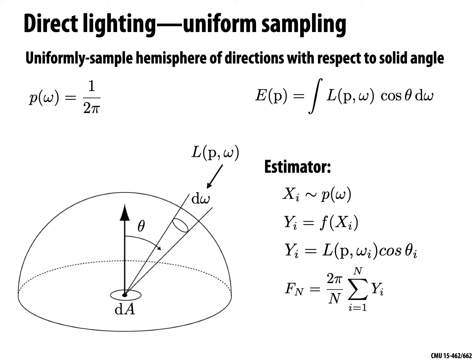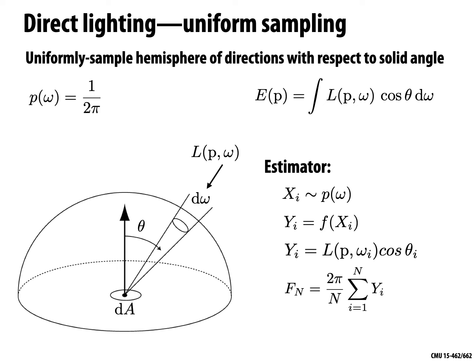So we're just going to uniformly sample all possible directions on the hemisphere around this point with respect to solid angle. Okay? So our probability distribution, p as a function of solid angle, is 1 over 2 pi, as a function of the incoming direction.